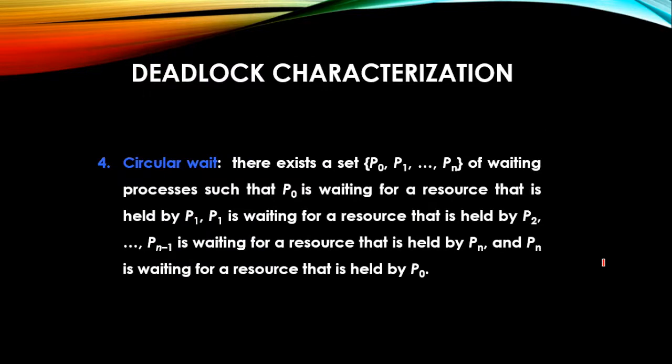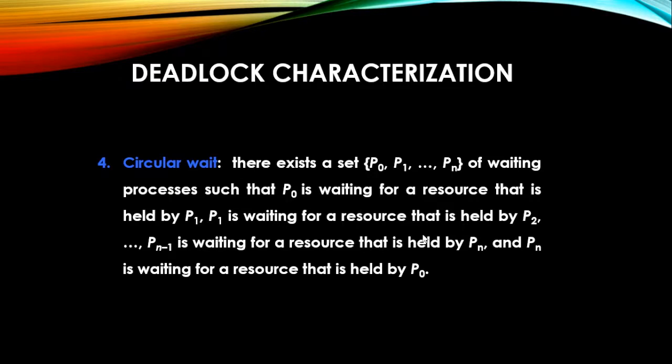And the fourth condition is circular wait. Suppose that we have n processes P0, P1 up to Pn. They are waiting for resources held by another process. Let us assume that process P0 is waiting for a resource held by process P1. P1 waits for a resource held by process P2.